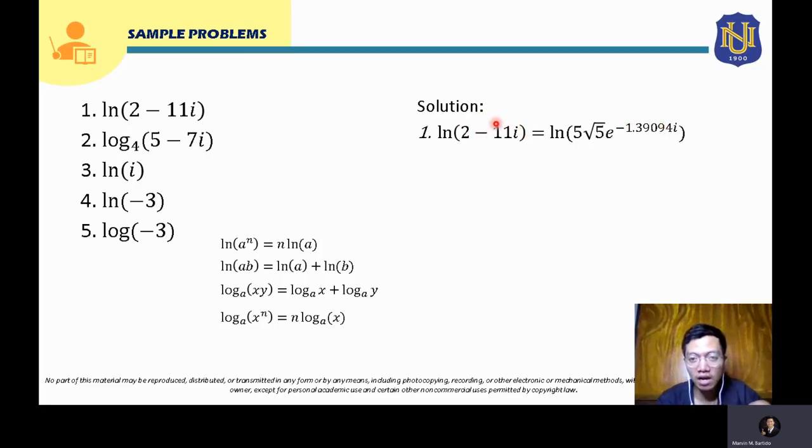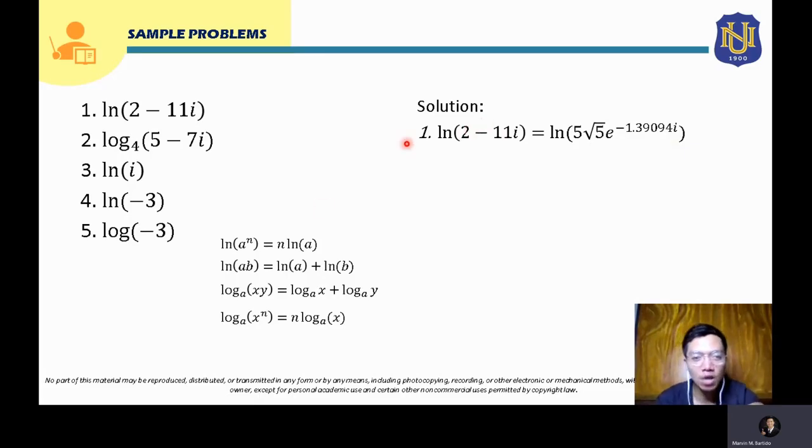This complex number is located in the fourth quadrant, right? So this will be its theta or argument. That will be negative 1.39094i. So this will now be the exponential form of this complex number.